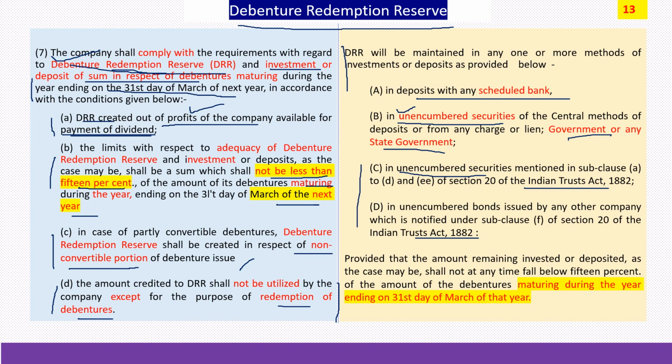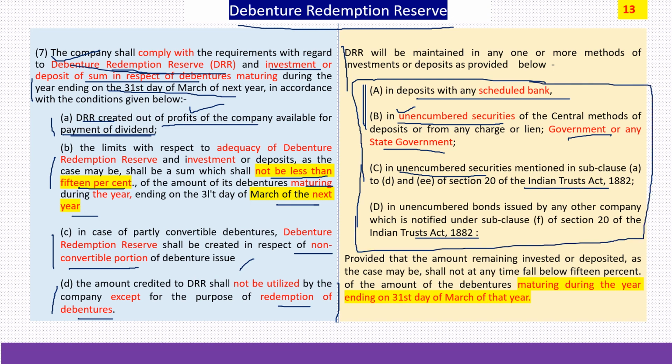The whole idea behind this investment is liquidity of the amount, safety of the amount, and also some return on the amount as return on investment. All these are to be taken into account while keeping the money invested in unencumbered securities or deposits with the bank.